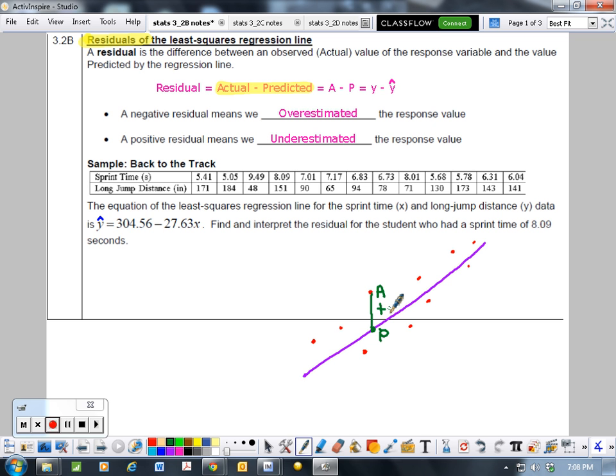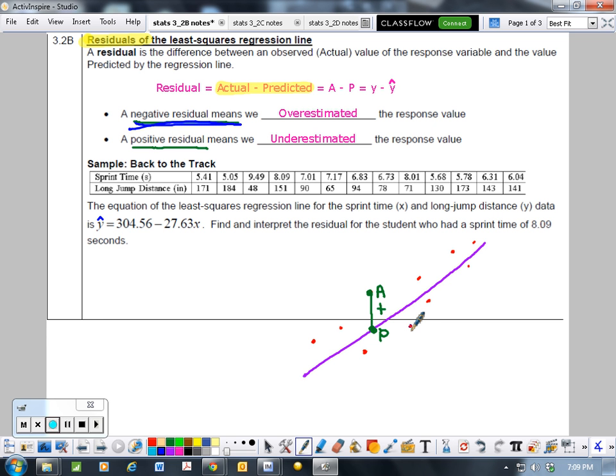What that means is that we have underestimated the response. This is what we estimated, and this was the actual. Our prediction was underneath it, or underestimated. Now a negative residual would look more like this. Here's a negative residual.